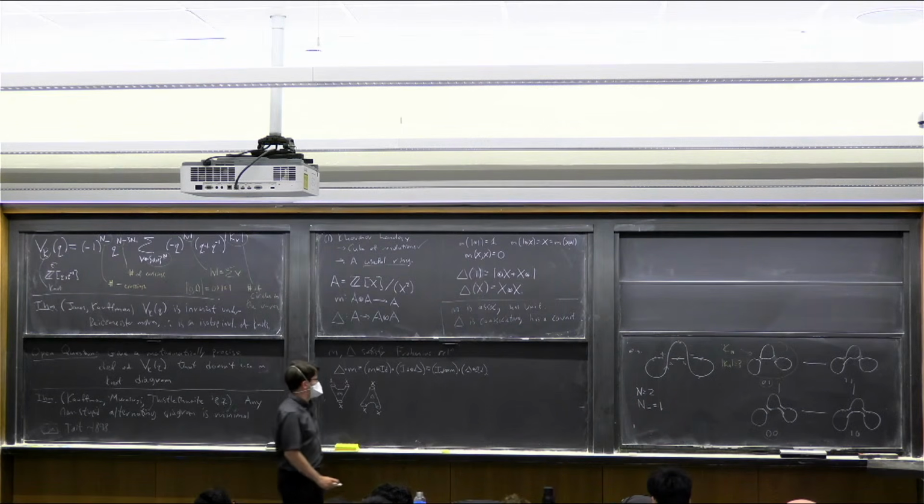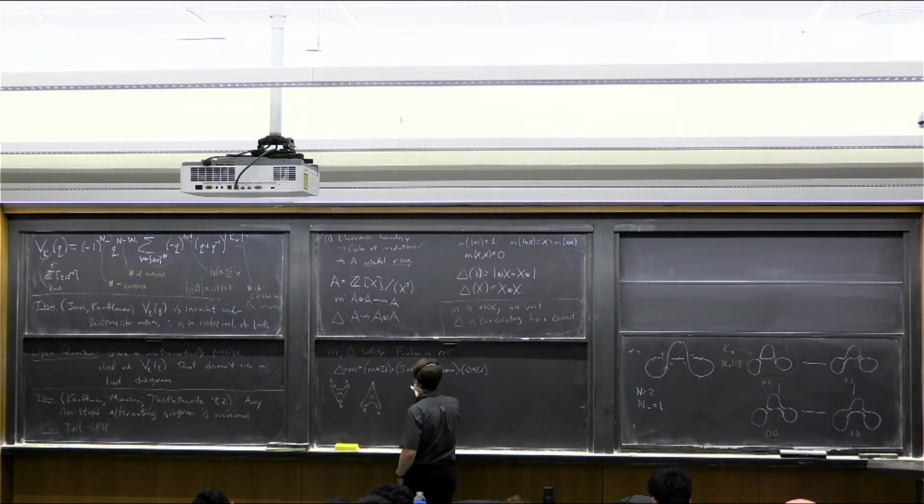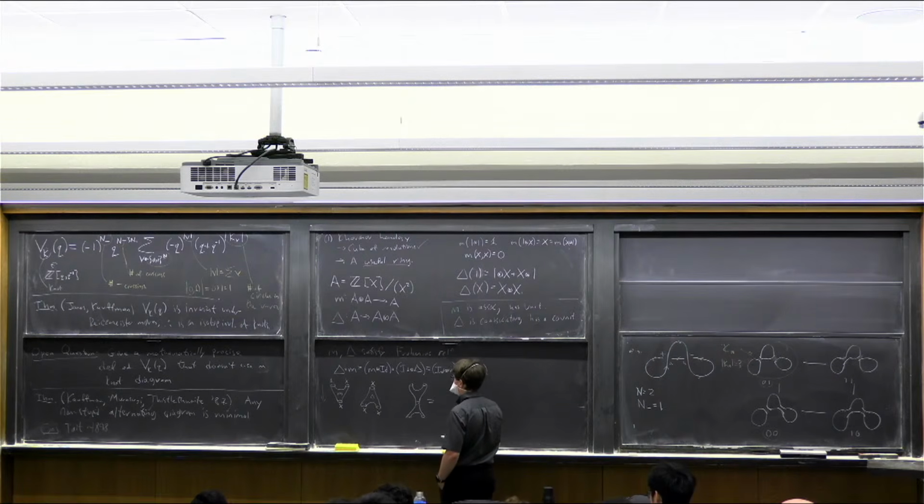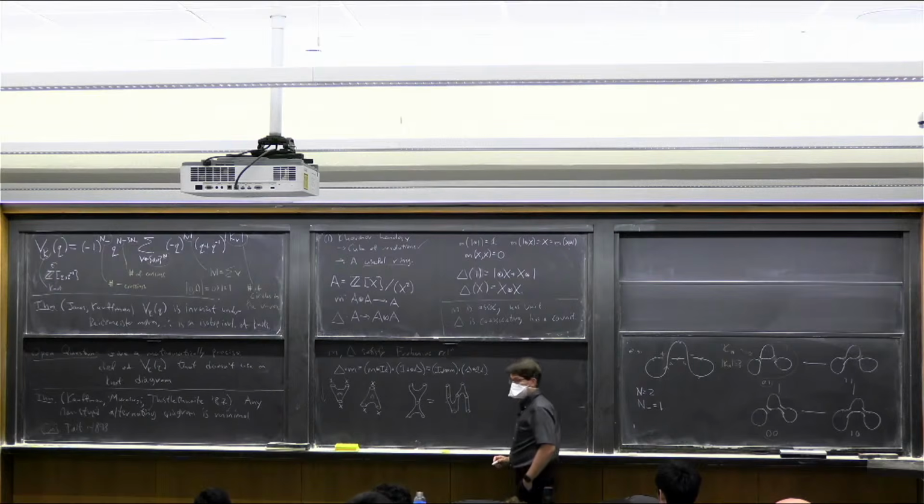Then this bizarre relation says that if I do M and delta, that's the same as doing nothing to the first thing while I split apart the second, and then I merge these two while doing nothing to the last factor. And that's the same as doing it in the first factor.